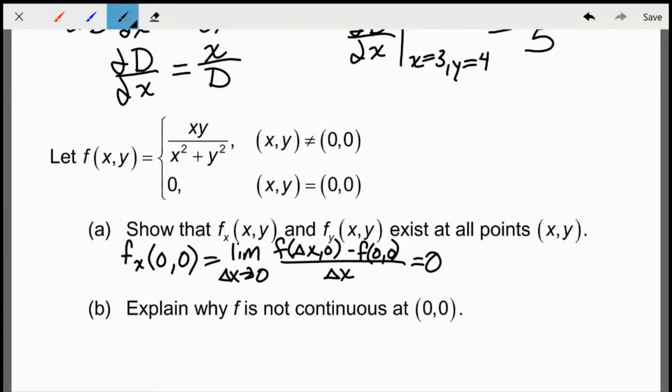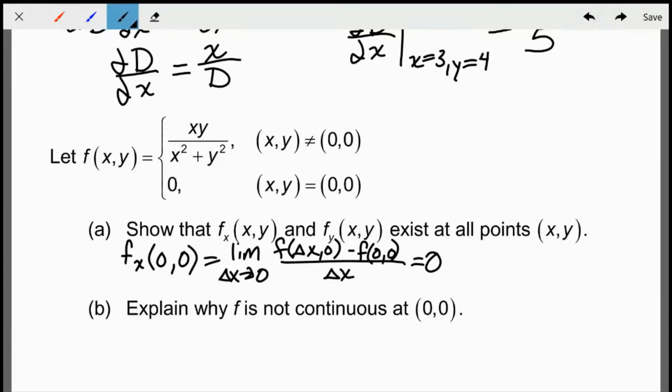Now, why is that important that I did that? Well, what I'm doing is showing that the partial derivative at the point (0, 0) does exist. I know it exists everywhere else because I've got a function here where I can definitely take the derivative, and when I'm not at (0, 0), my denominator is not going to be 0, so I know my derivative is defined. But at the point (0, 0), as I approach that point, my partial derivative is 0.